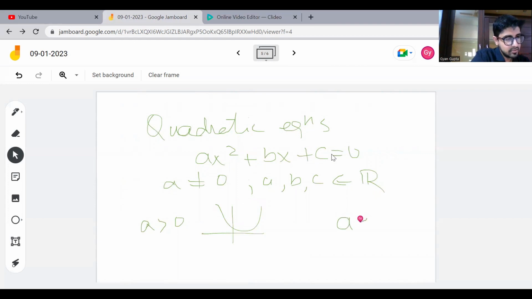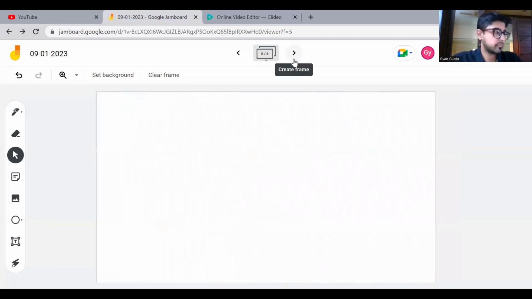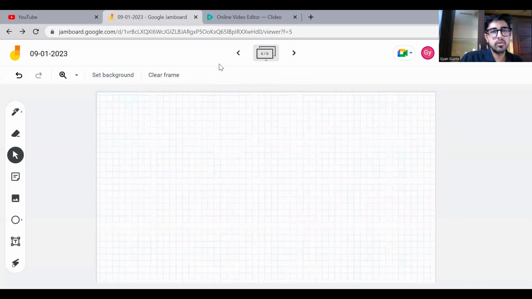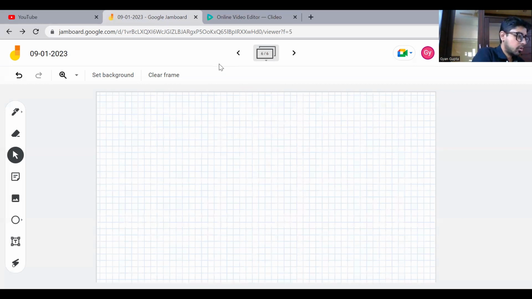If a is less than 0, we have a downward parabola. A quadratic equation will always be a parabola on the x and y axis. Now, coming to the next important part of quadratic equations called roots and discriminant.